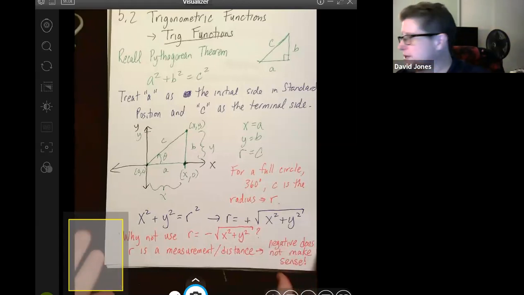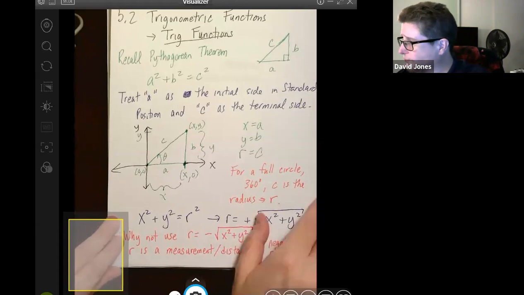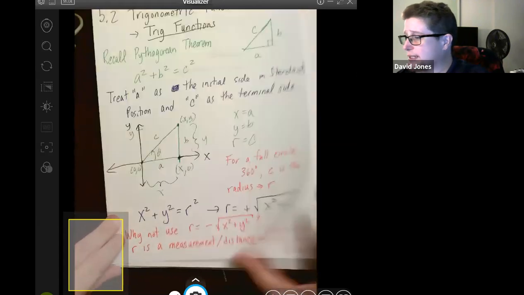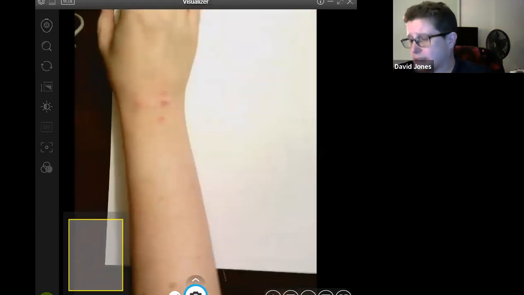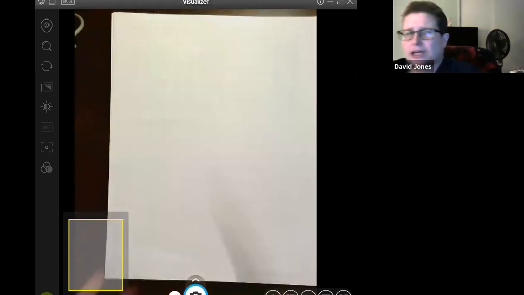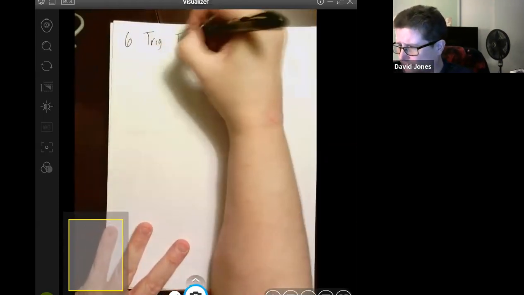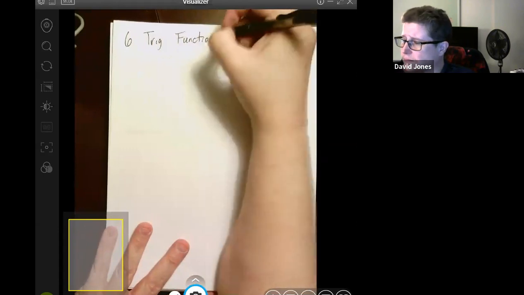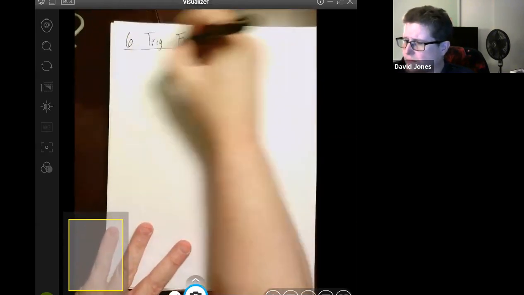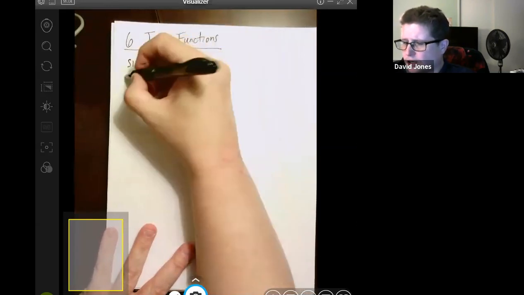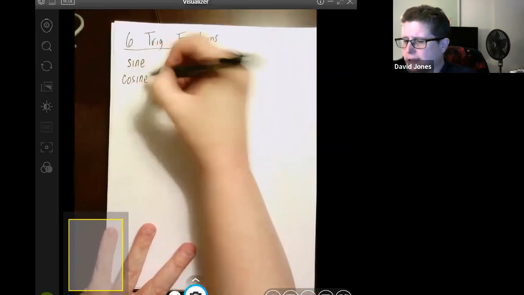Pause it if you need to take some more notes. So we have 6 main trig functions. The 6 trig functions are sine, cosine, tangent.